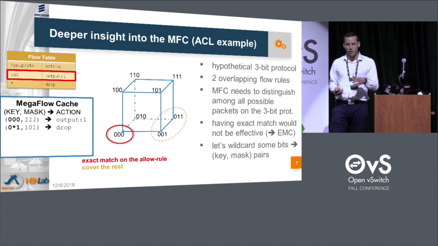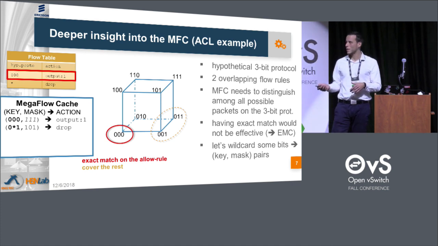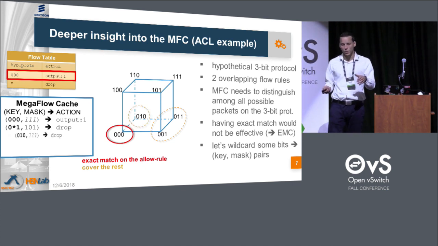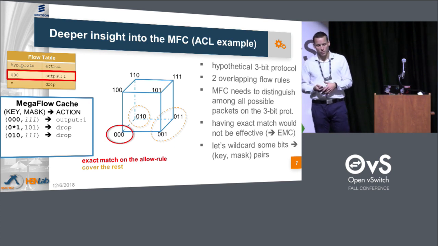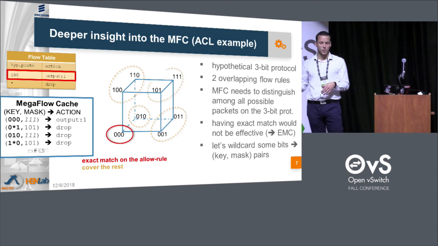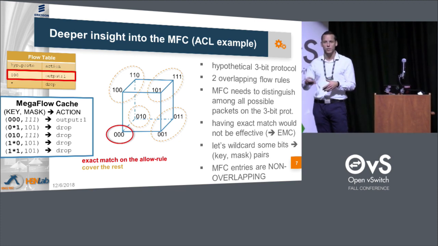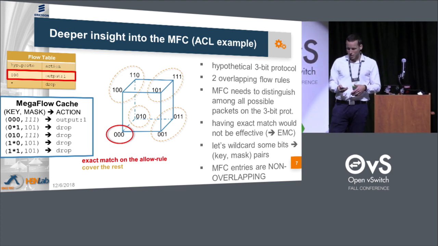We can define a wildcarded key mask entry in the Megaflow cache like this to cover that part of the cube. We can also have a coverage like that. And the top of the cube can be covered like this. So you can see that we have 5 Megaflow cache entries to cover everything in this 3-bit protocol space.